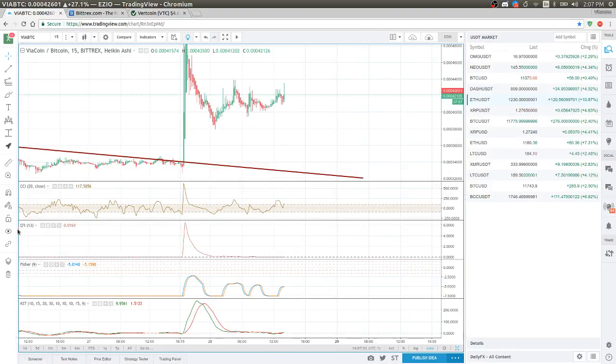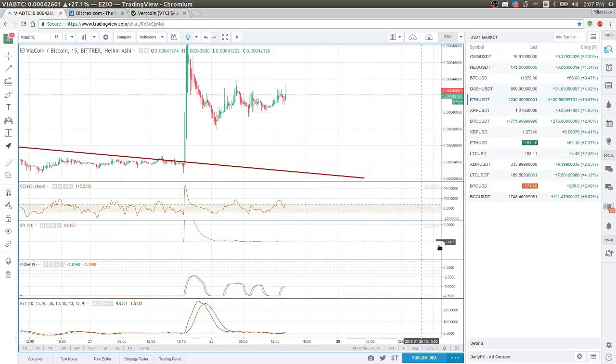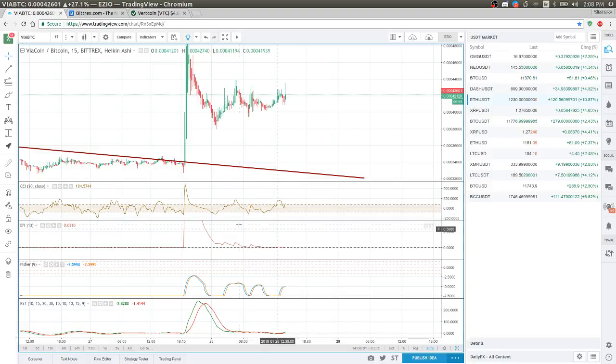So this EFI is really something that I'm trying to understand better, because it really looks interesting. As you can see here, when it's above this middle line, it's always green. Then as soon as it drops, you're ready to buy back if you see a spike going up, and you make some money there. So right now, I will wait for this to go up to make a buy.